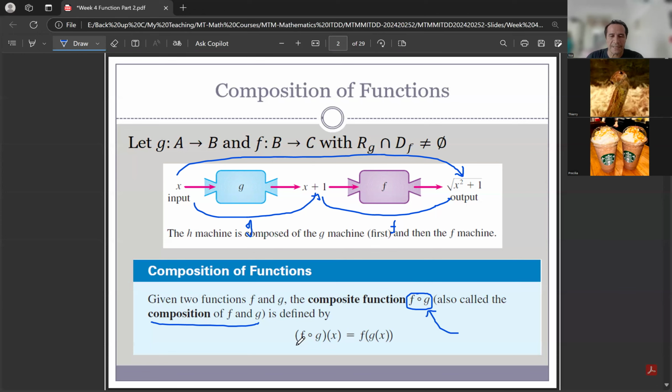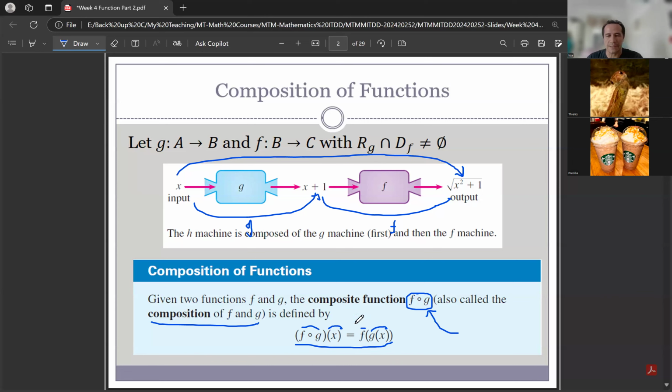In practice, we use this operation. We operate on x first by g, and then g(x) is operated on by f. So this is how we calculate the composition of function.